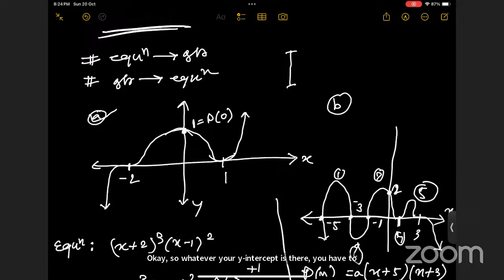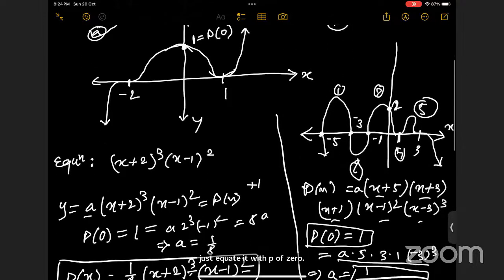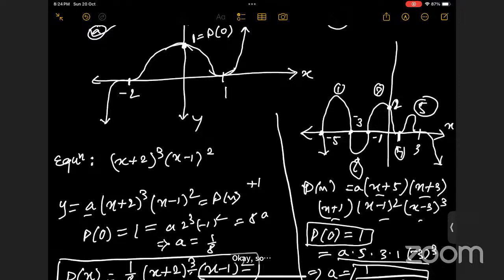Okay. So any other doubts? So all of you are fine with it, right? Ma'am, here the y-intercept is 1. It may be on the negative side also, no?